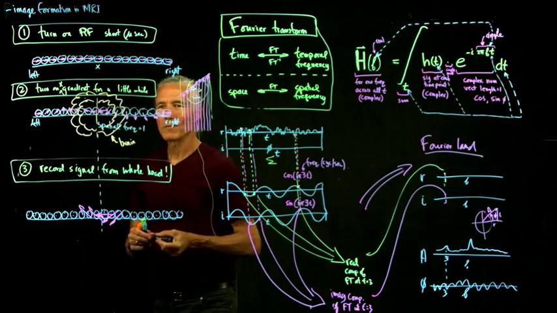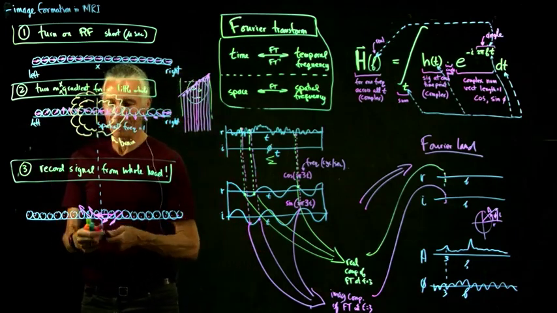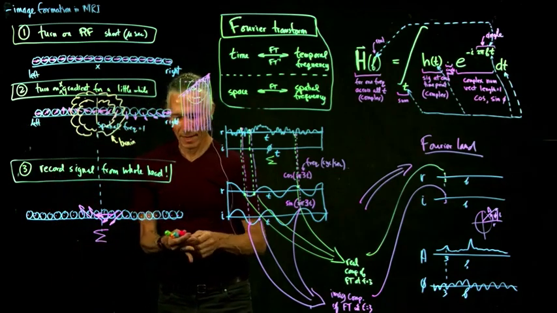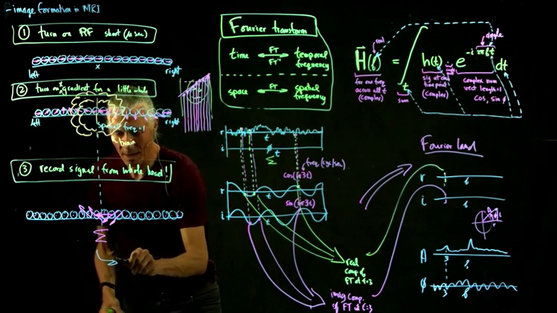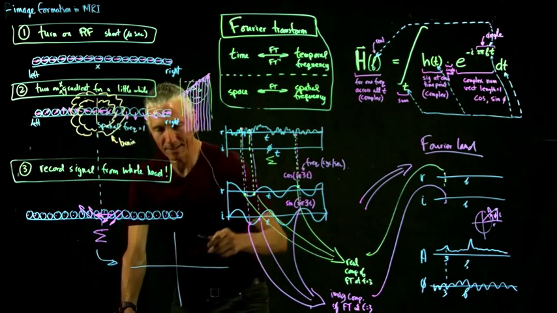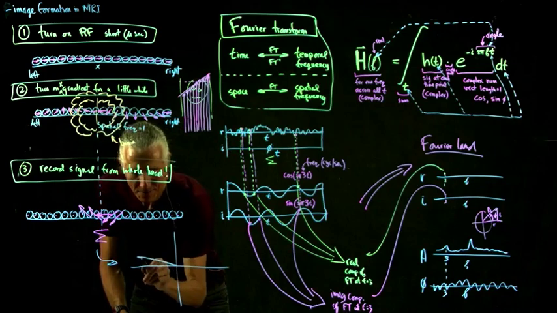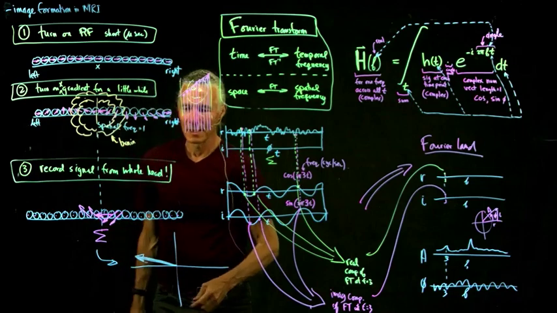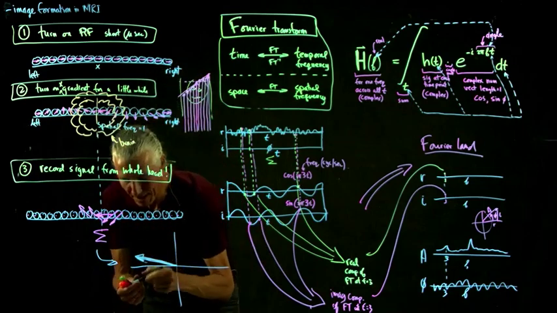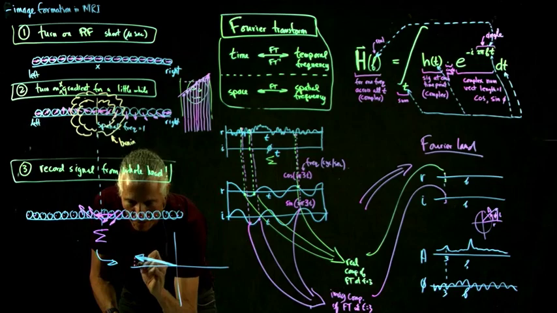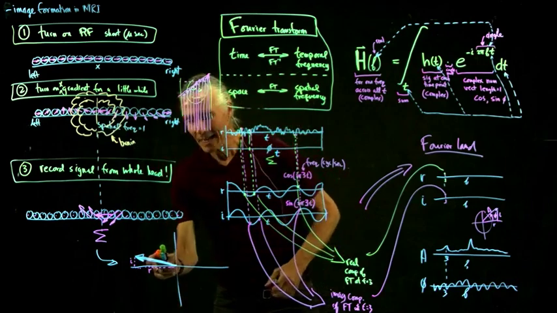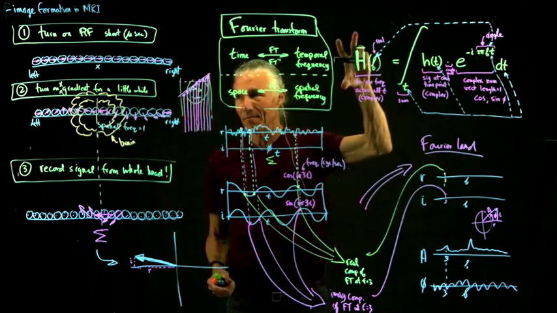And so when the head coil sums them all up, what do we get? We get one complex number. And what is that complex number? It might be like that. It has a real part and an imaginary part. So there's the real part here, there's the imaginary part there. So that's one data point. And what is that? That's basically one of these.